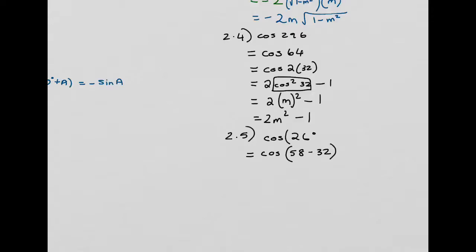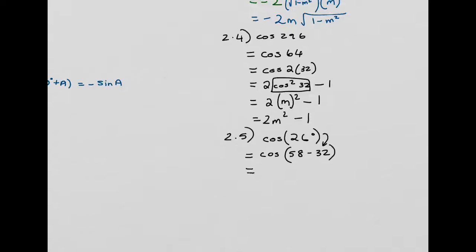So instead of cos 26, I've replaced it with 58 minus 32. So now this is the cos compound angle, which goes cos, cos, sine, sine. Take the opposite of what's in the bracket, and then give each angle a chance with each ratio.